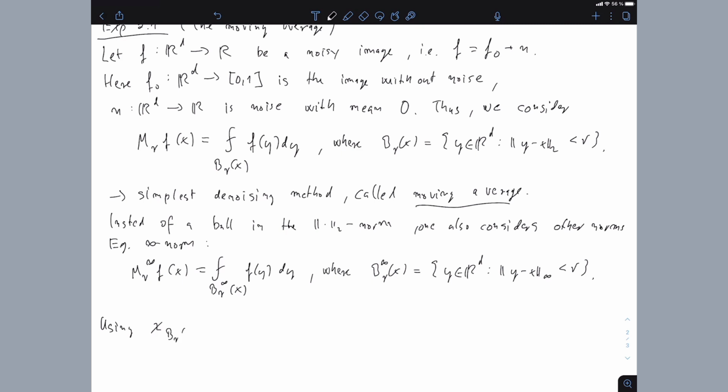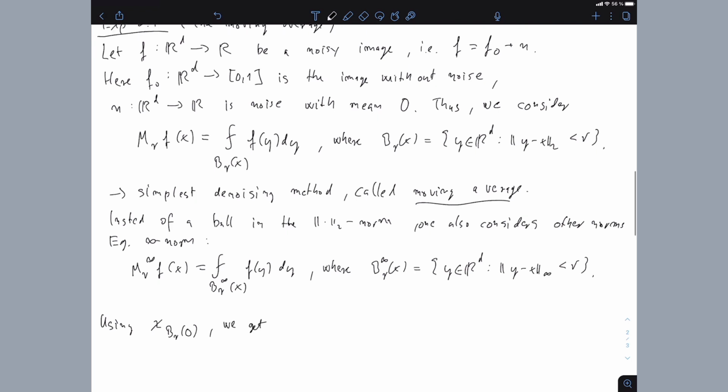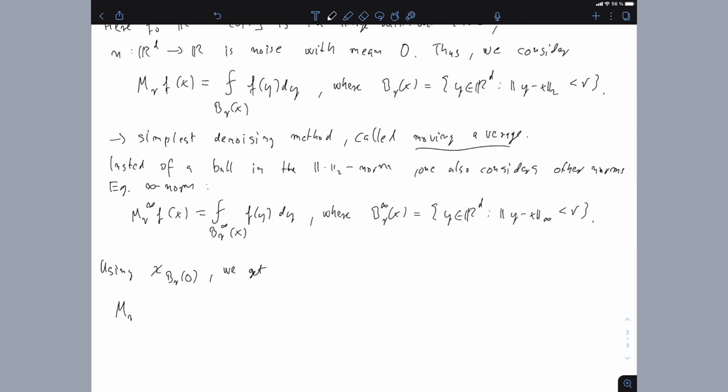We can use the characteristic function of the circle. So 1 inside the circle, 0 outside.